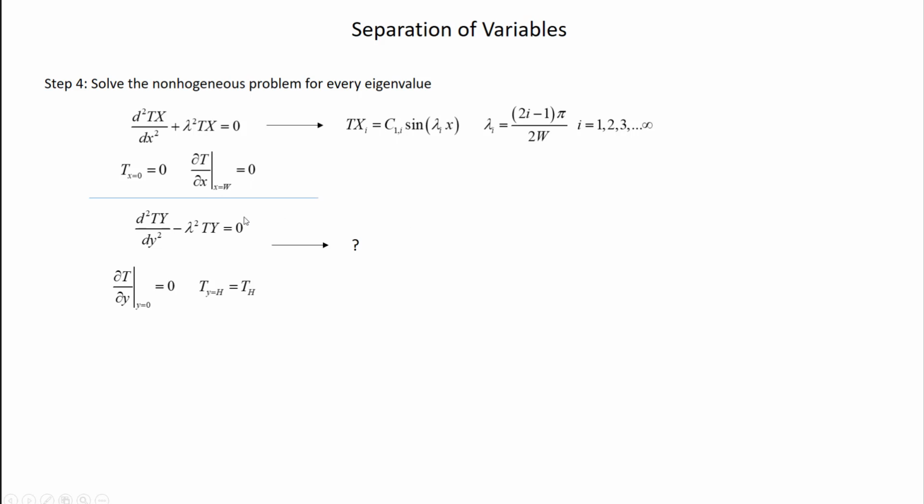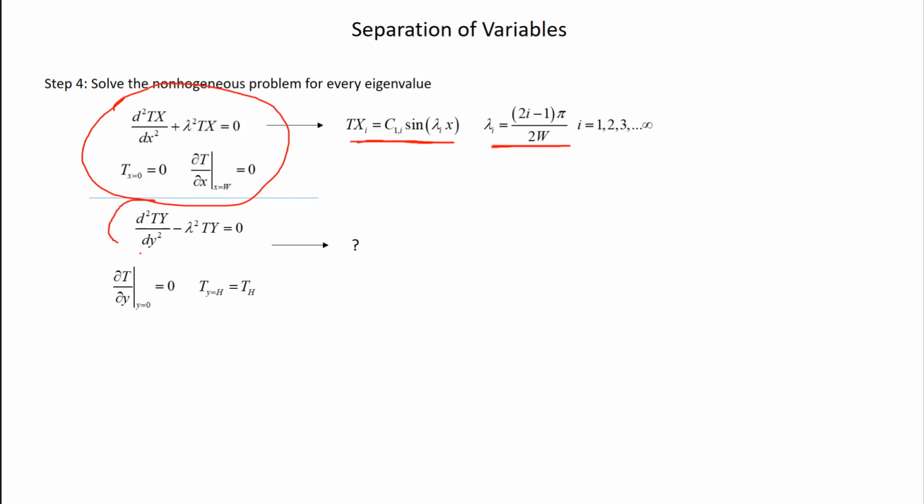But actually, before you do that, you have to recognize that we don't just have one of these problems, we have a whole bunch of them, right? We came up here and we found that this problem here is solved by a whole bunch of eigenfunctions, each having their own eigenvalue, right?